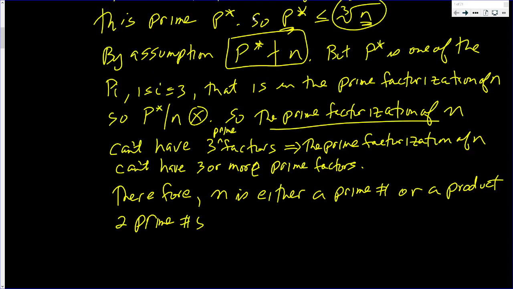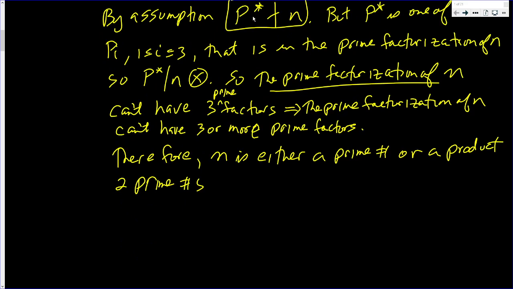What I'm getting at is N can have 1 prime factor, 2 prime factors, 3 prime factors, etc. But I'm saying it can't have 3 or more. So it either has 1 prime factor making it prime, or it has 2 prime factors making N a product of 2 primes. And this is exactly what we wanted to show.